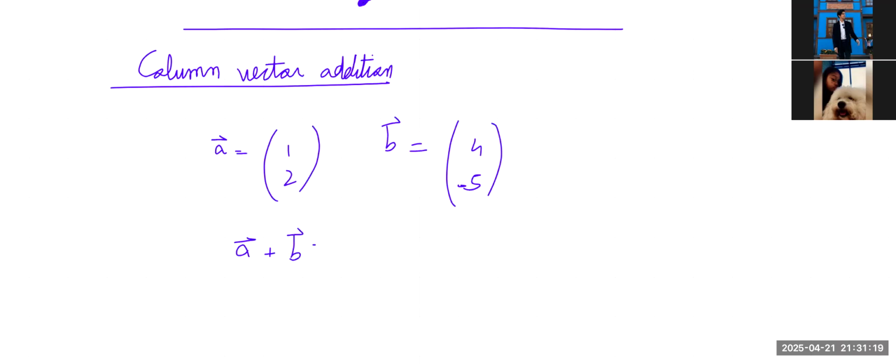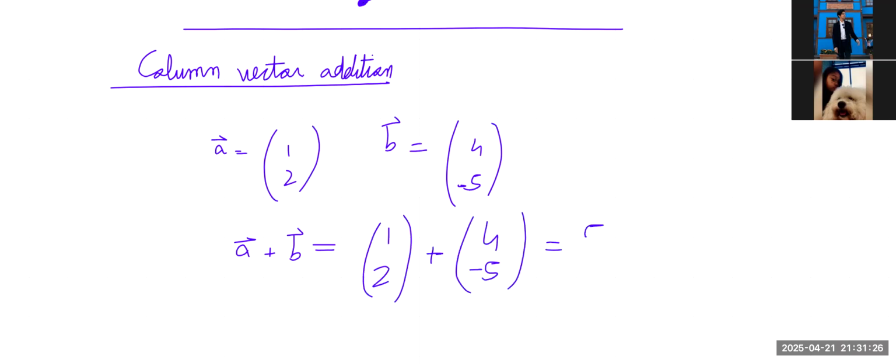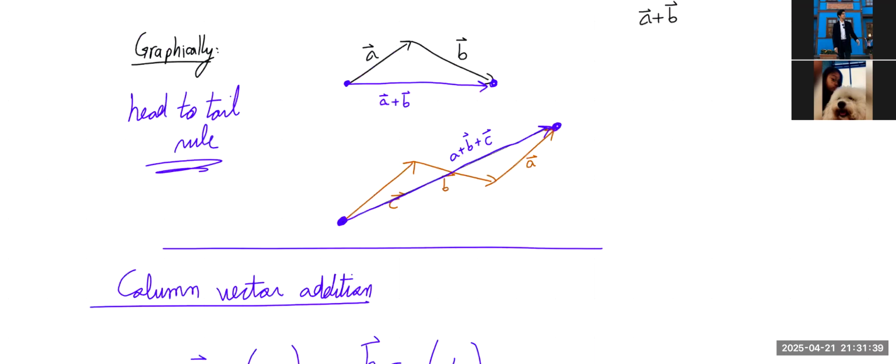So 1 plus 4 is 5 and 2 minus 5 is negative 3, and that's it. That's what A plus B is. Easy peasy. You see what I mean with column vector addition? Graphically you have to do all of that, but algebraically it's this easy.